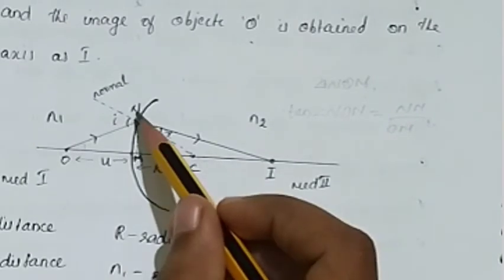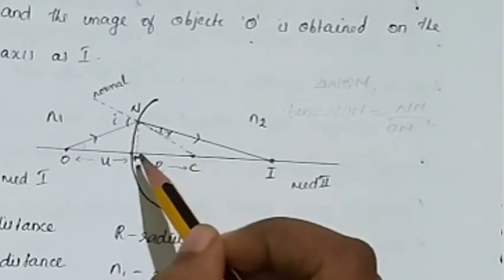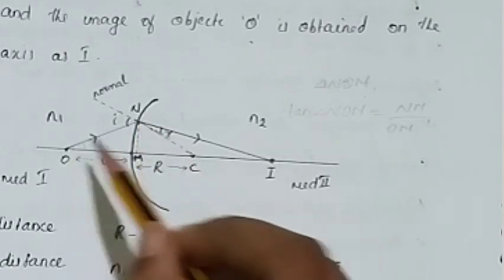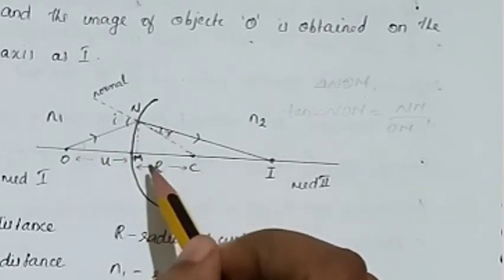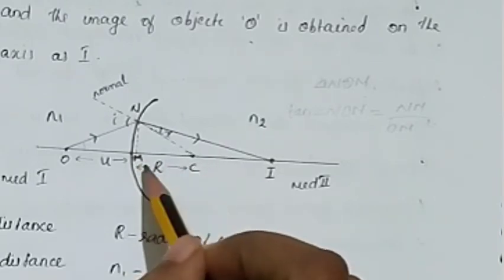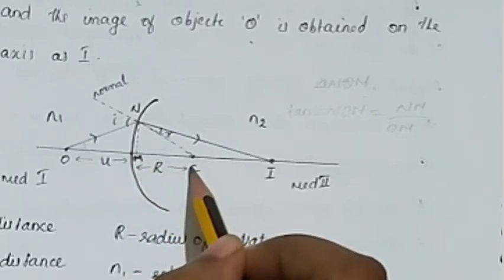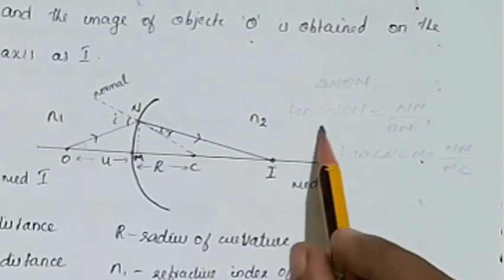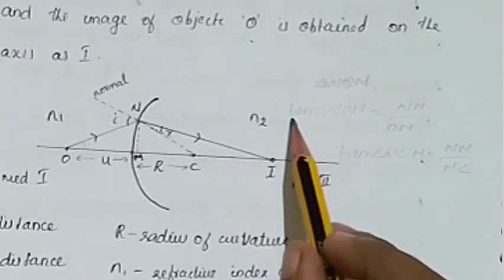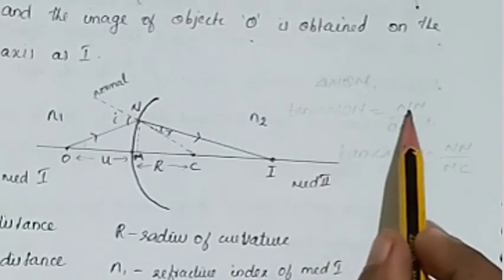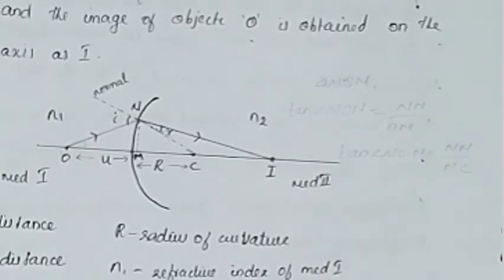Now considering the tan value of angle NCM, which is the angle NCO itself, we can write tan NCM as NM divided by MC, where MC is the radius of curvature. Therefore tan of NOM is NM by OM, whereas tan of angle NCM is NM by MC.